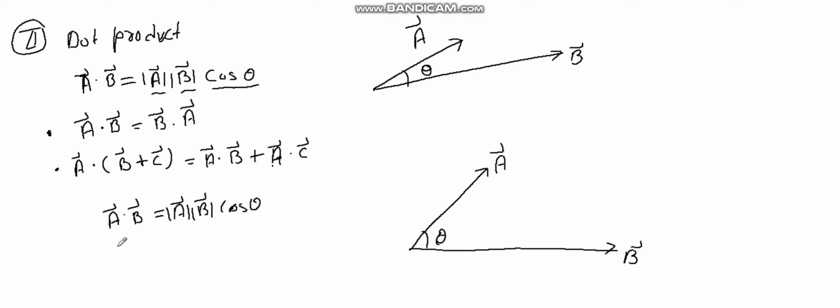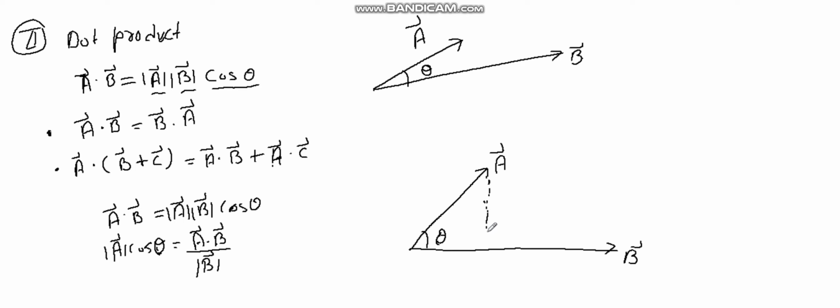What we can see is that A cos theta is equal to A dot B divided by the magnitude of B. What is this cos theta actually representing? It is representing this vector.